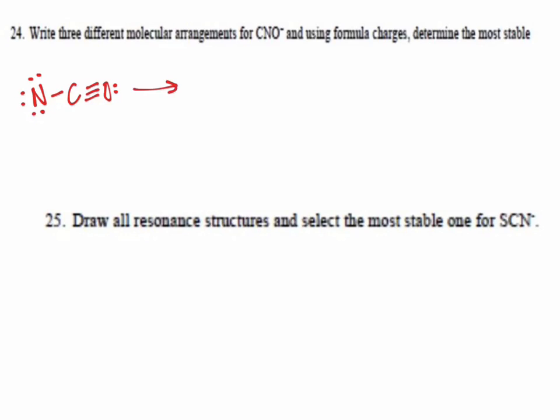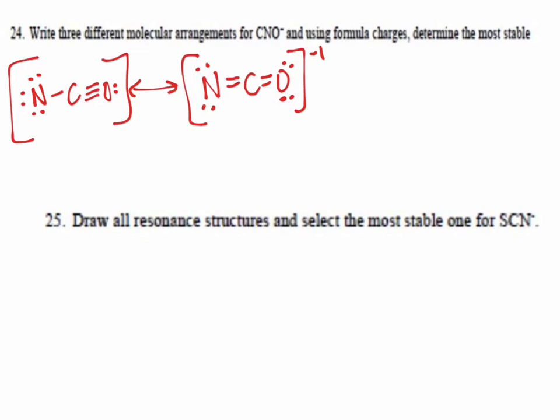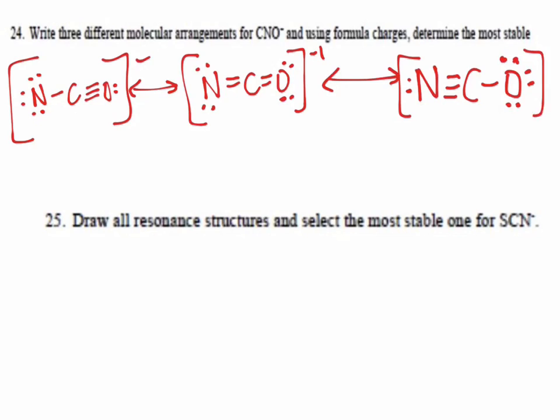And this is a resonating structure, so it can also be nitrogen, carbon, oxygen. I'm going to come back with the brackets. And the other structure that we might see has a triple N and C bond.